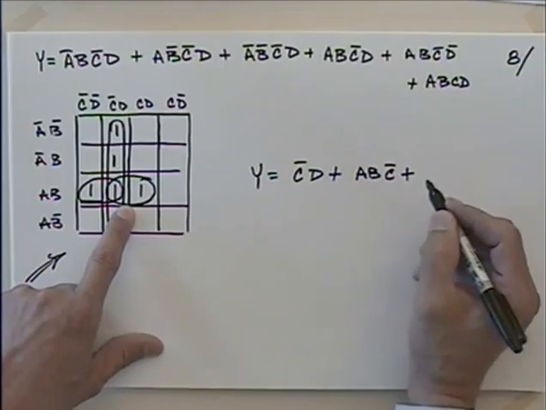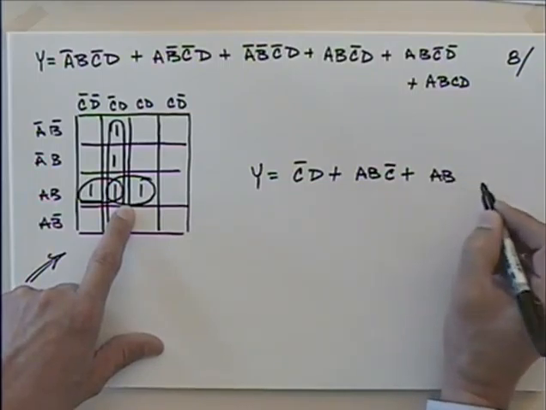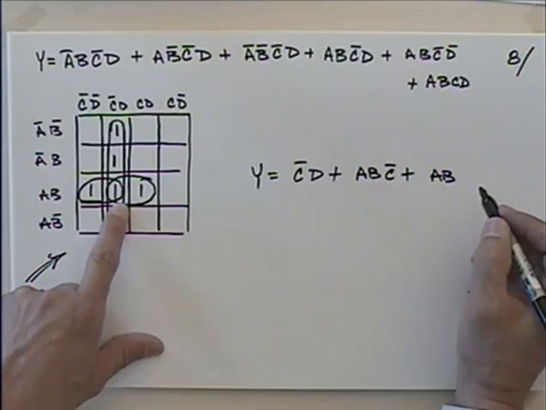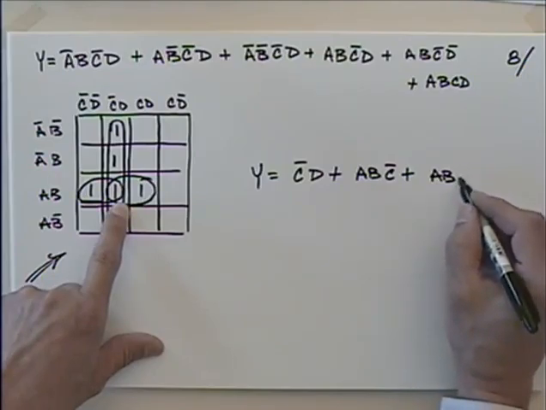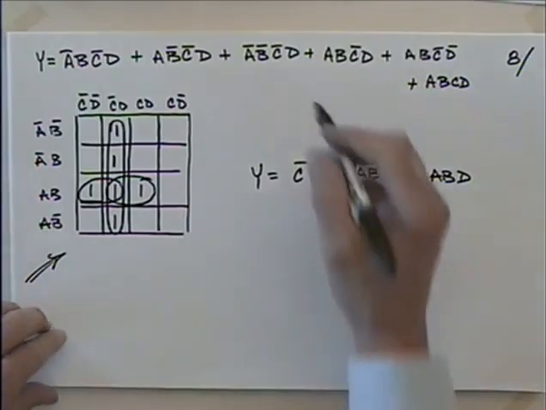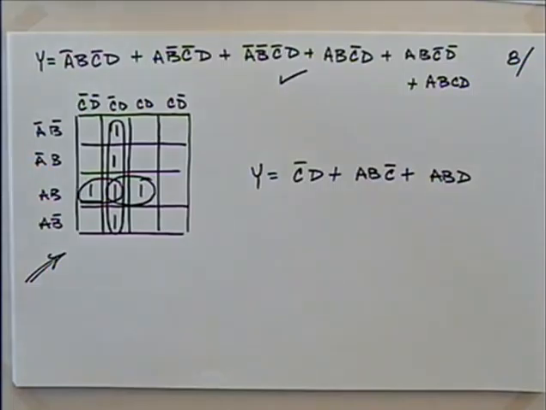Or this last circle is A, B, and D, right? So if you were to build this, I'm not even going to belabor making that first one out of 2 input gates. It would be ugly.